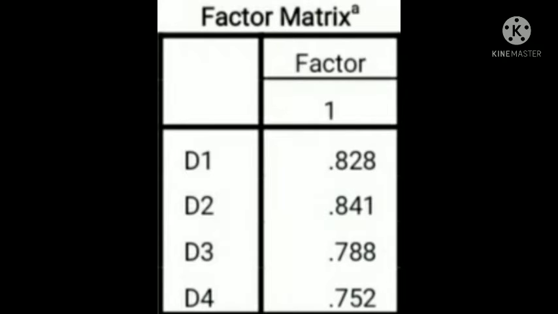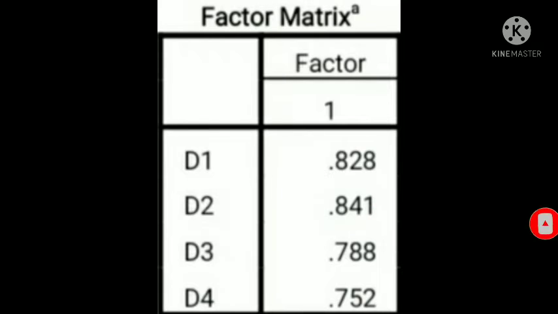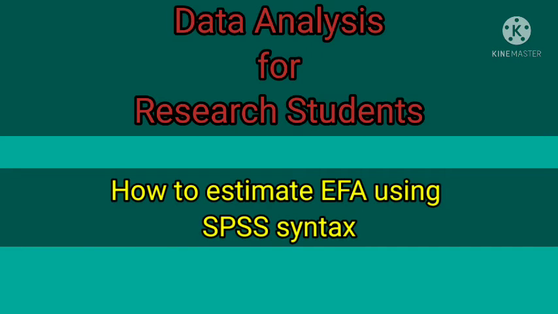When we square the factor loadings, it provides the estimate of the amount of variance in the indicator accounted for by the latent variable, e.g. 0.828 square equal to 68.5% variance explained.